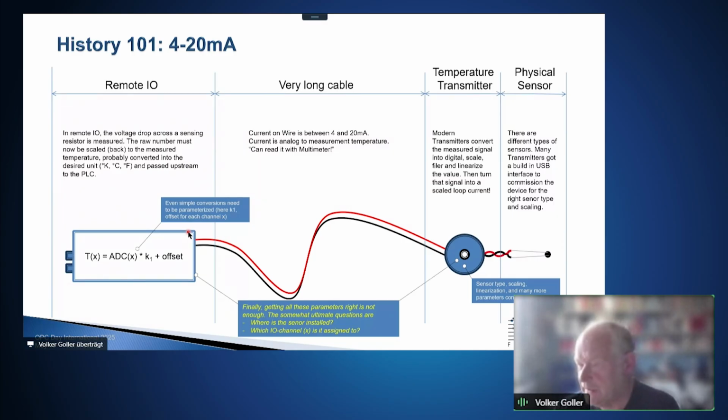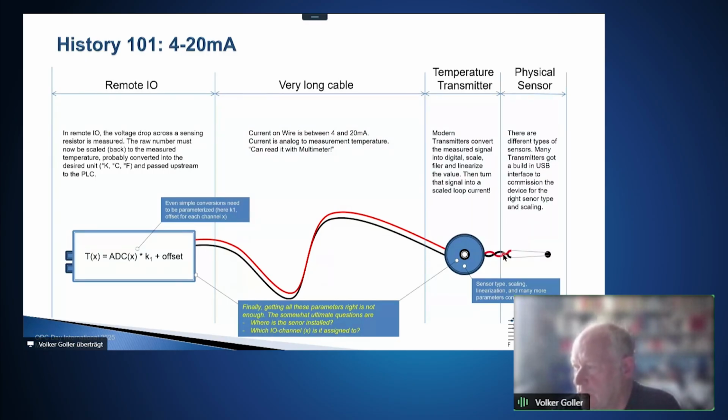And let me tell you this. So let's go to the right, the physical sensor. You may have, and I use temperature sensing here as an example, but all the other sensing technologies and processes are pretty much similar. So you have a sensor, let's say a PT100 or something. You have the physical sensor.